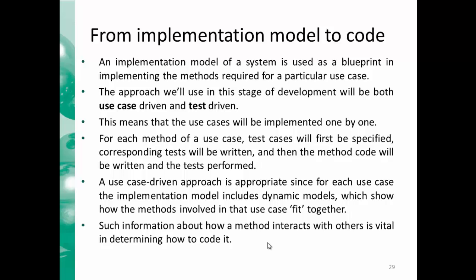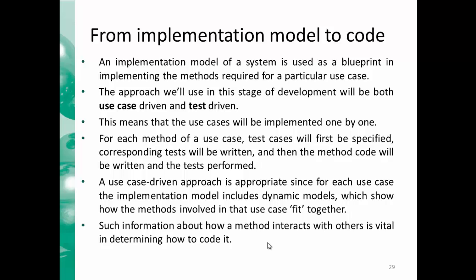Then we will have to implement use cases one by one, and for each method of a use case, we test it using our test cases, as declared and made clear in the test-driven approach. So we will take a use case, we will build test cases for each of the methods in that use case, and we code the method and test it immediately.